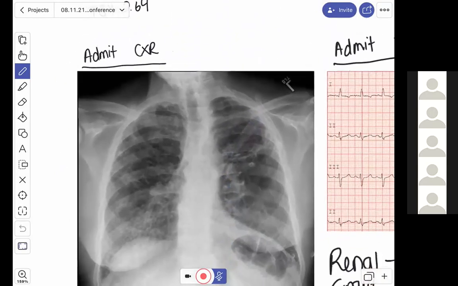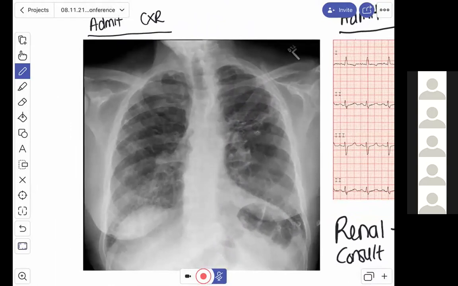Okay, so now we'll zoom in on the chest x-ray. Okay, and then we're going to push over to his EKG.